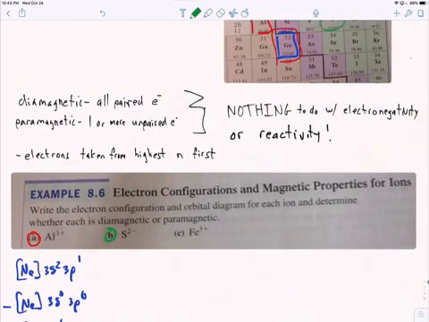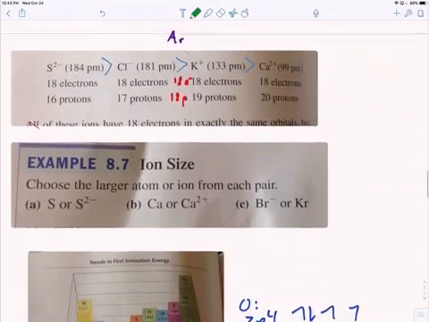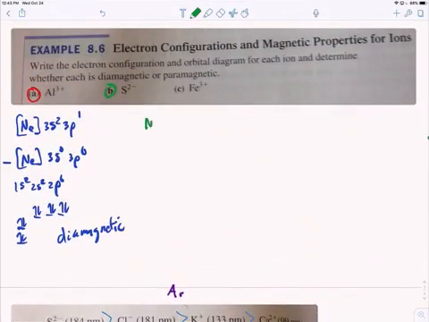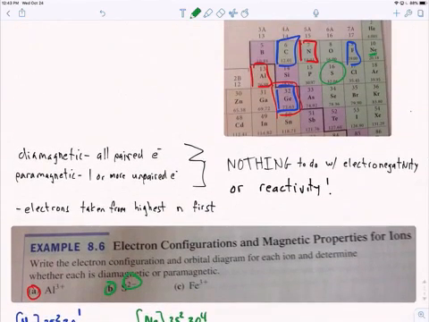And that's going to be neon's configuration, 3s2, 3p4. Then we add 2 electrons because it's minus 2. So we're going to have neon's 3s2, 3p6. And of course, that's going to be argon's configuration right here.